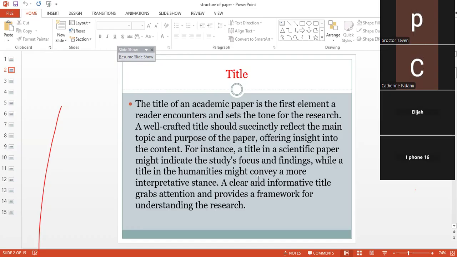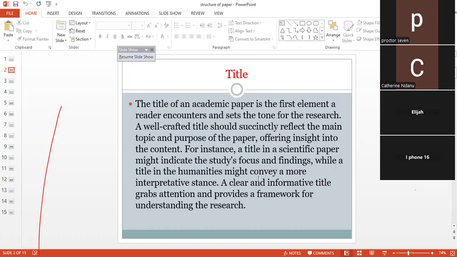The first part of an academic paper is the title. It is well crafted and should reflect the main topic and purpose of the paper, offering insight into the content.